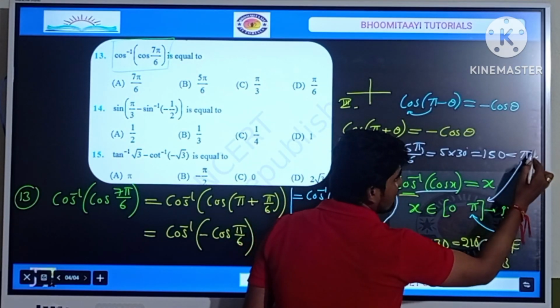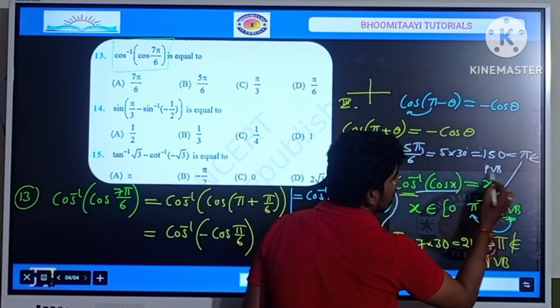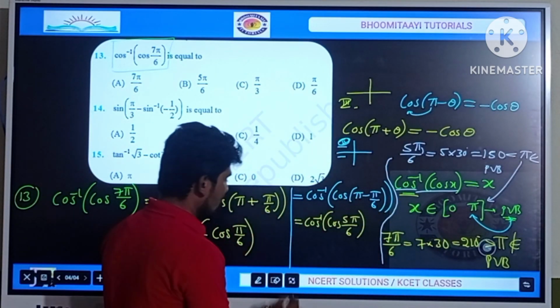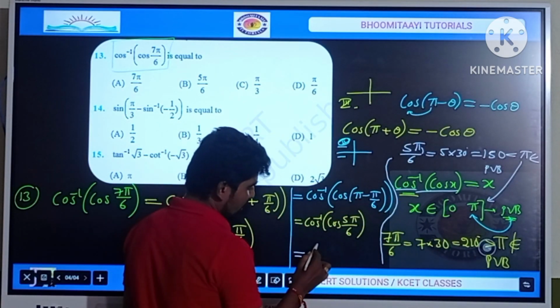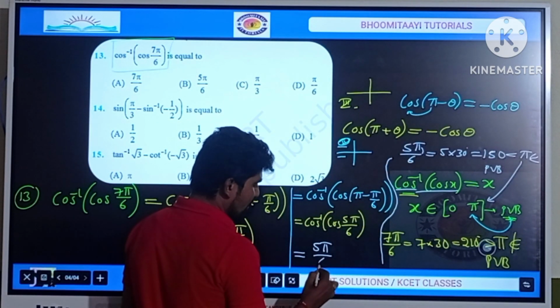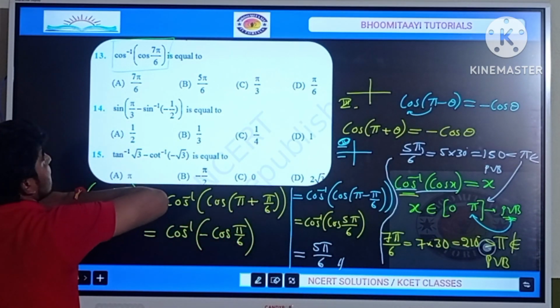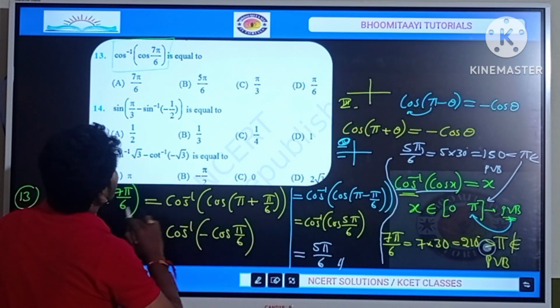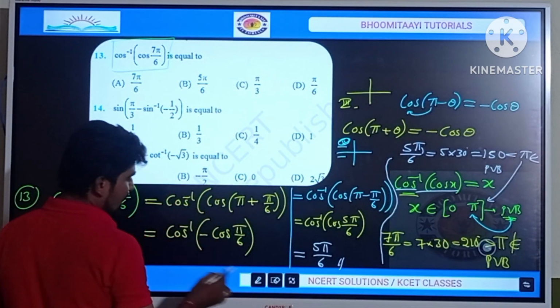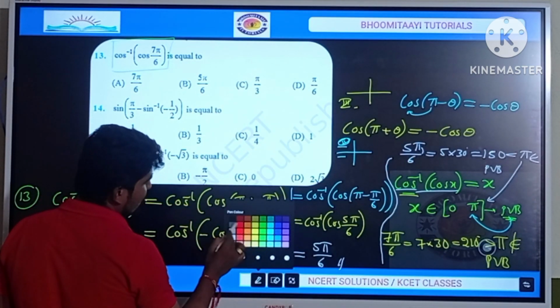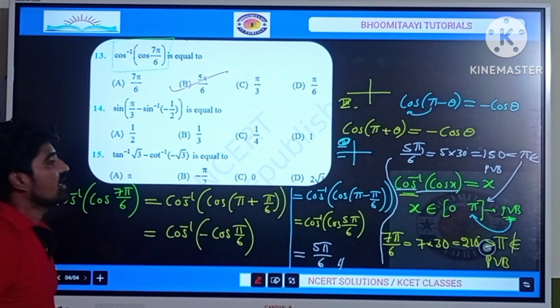Hence, this belongs to the principal value branch of cos inverse. Therefore, cos inverse of cos 5 pi by 6 is equal to 5 pi by 6, which is the value of cos inverse of cos 7 pi by 6. Option B is the required answer.